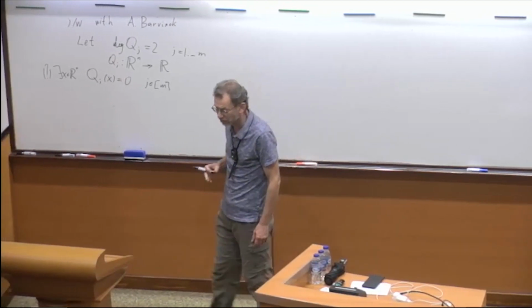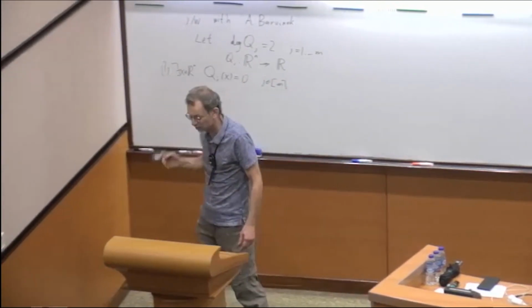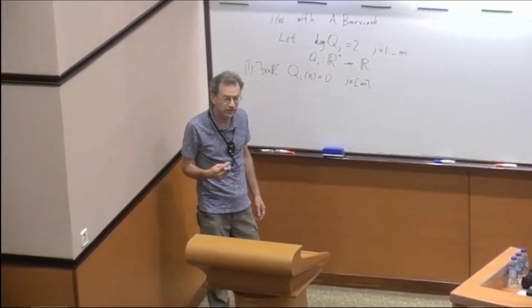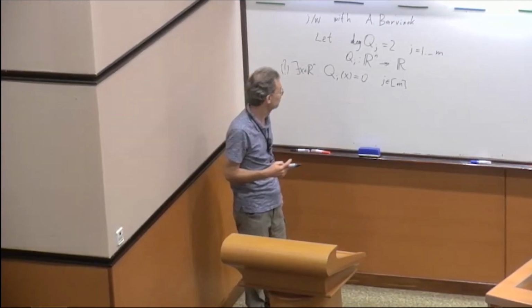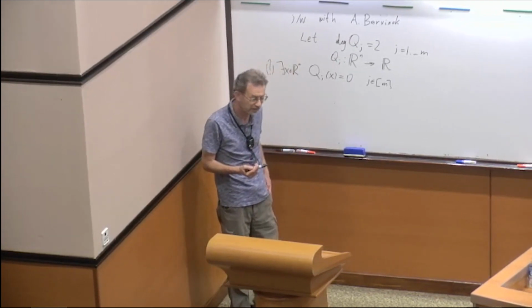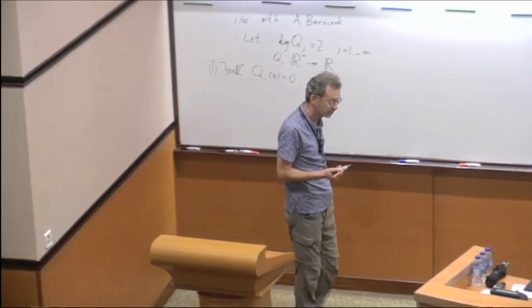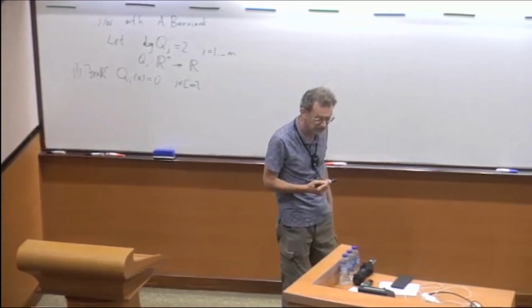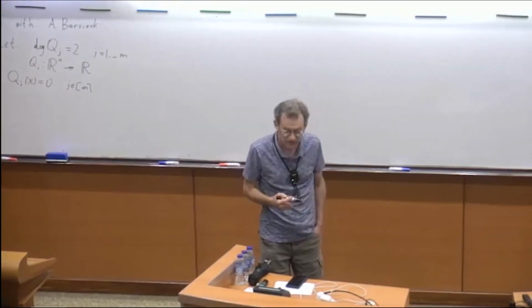However, if you take a real field and the polynomials are real, more or less nothing is known except for the linear case. We kind of know how to solve a linear system.